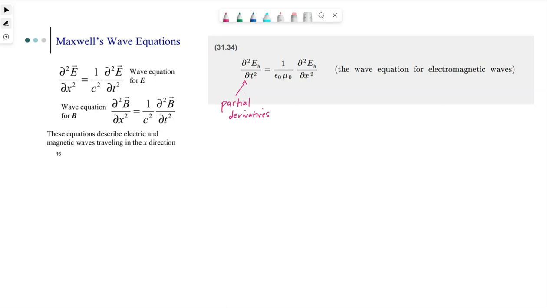The traveling waves, though, if you recall, we talked about waves early in the semester. A wave had some sort of displacement, and that function that described the displacement had to depend both on position and time.